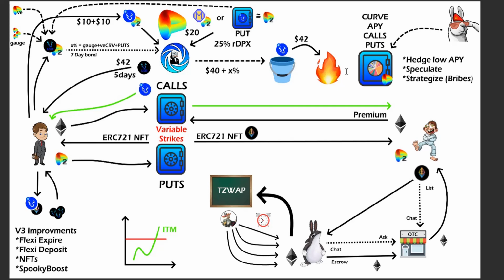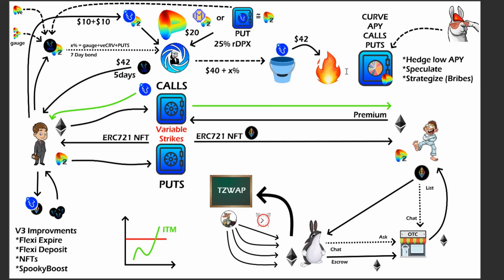And if it's below his strike price of, I think, 4, then if it goes below that, he gets paid out from the put, because it's a bet that the number associated with something will go below something. So he can hedge his low APY.